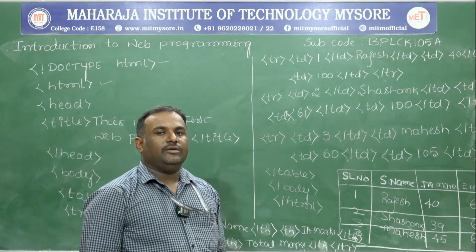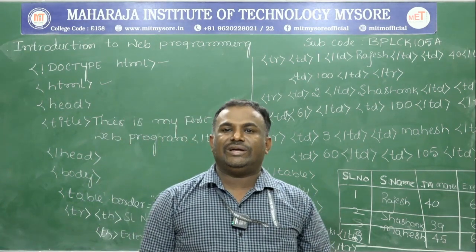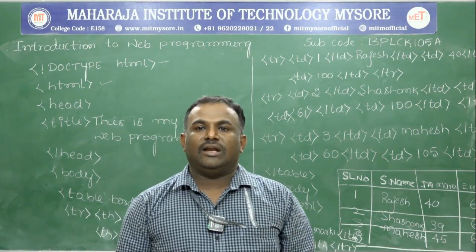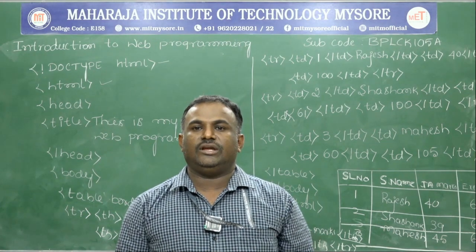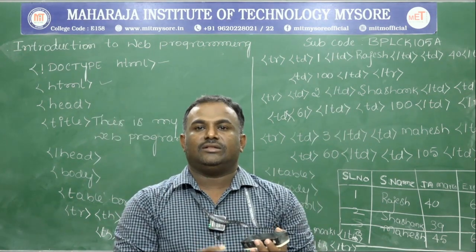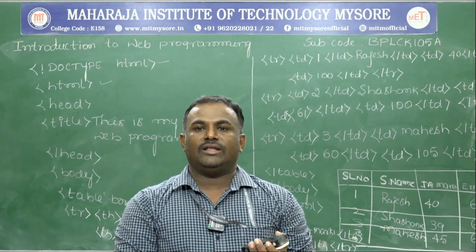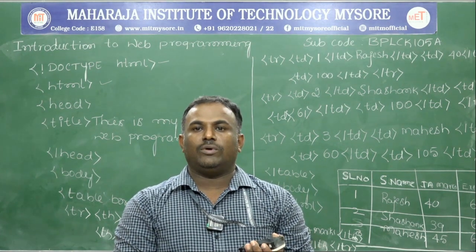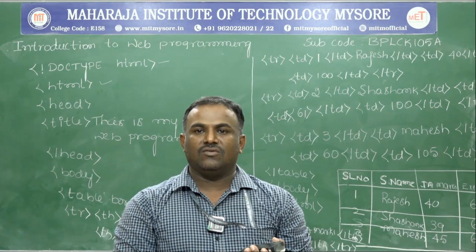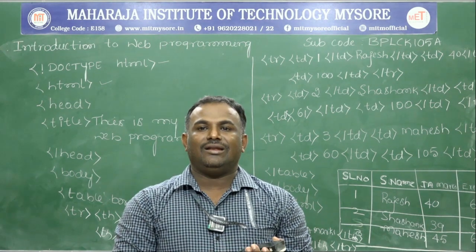These are the three elements which are used to create the table on the web page. First one, main root element is the table, followed by the table row, followed by the table headings, followed by the table data.